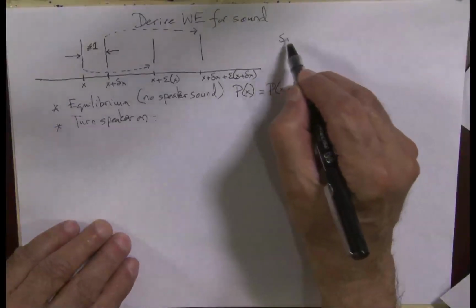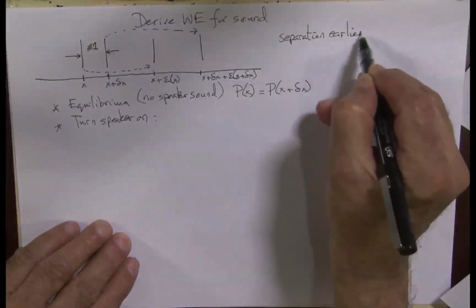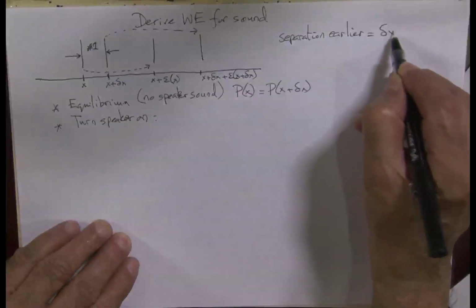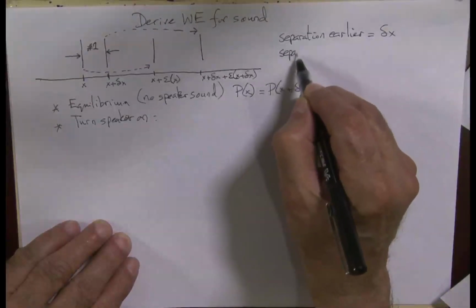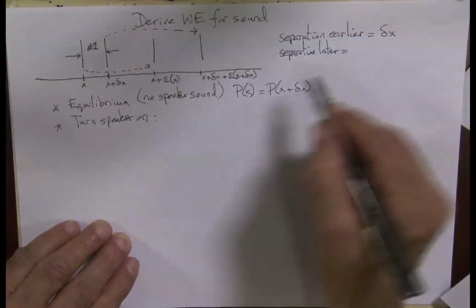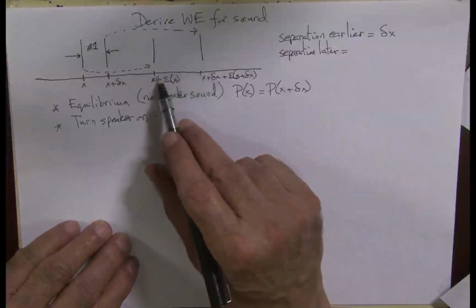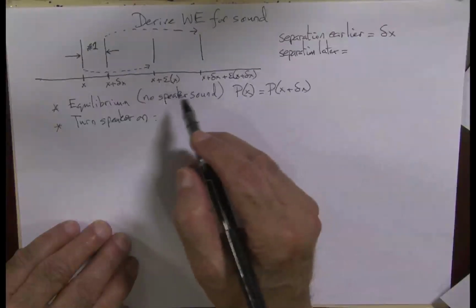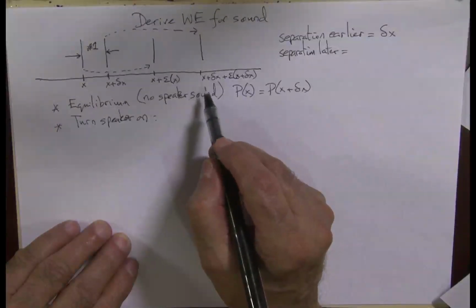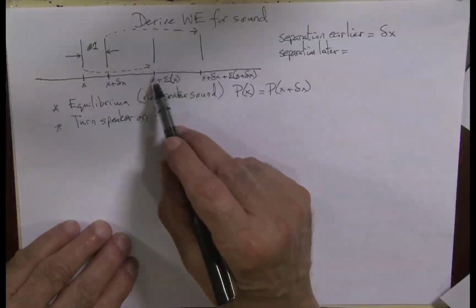So the separation earlier was between here and here, and that was equal to delta x. The separation later, well, let's see what that is. That's this position minus this position.